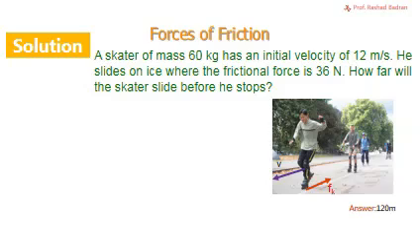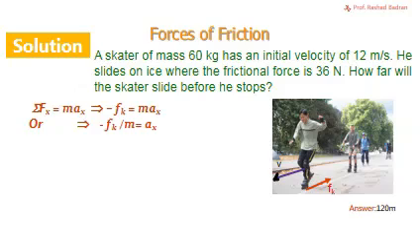As you can see in the diagram, the velocity of the skater is going in this direction, while the force of kinetic friction is acting against the skater's motion. In this case, we're going to apply Newton's law along the x-axis, where the resultant force is the product of the mass and the component of acceleration along the x-axis.